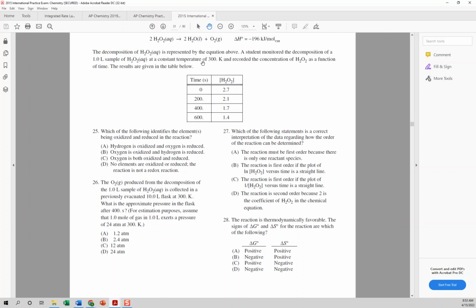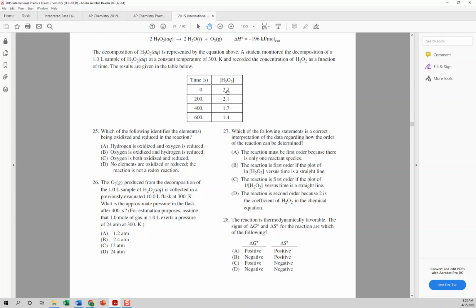All right, so this one is a little bit weird, but what we should understand is we know it's not zero order, because each time increment is an increase of 200 seconds, right? 200, then another 200, then another 200.